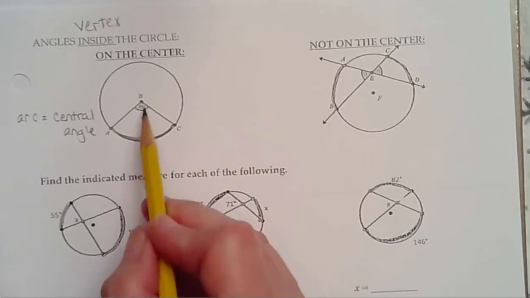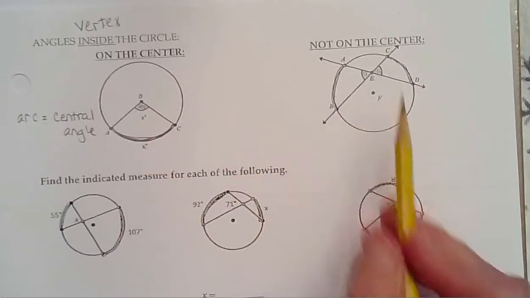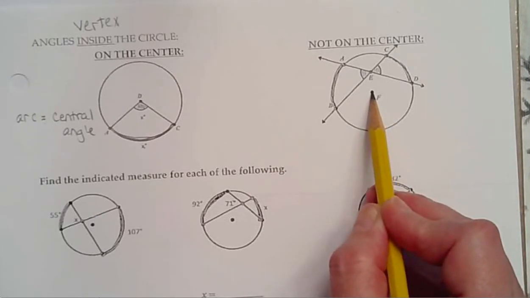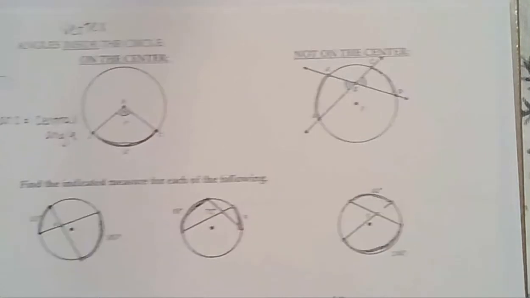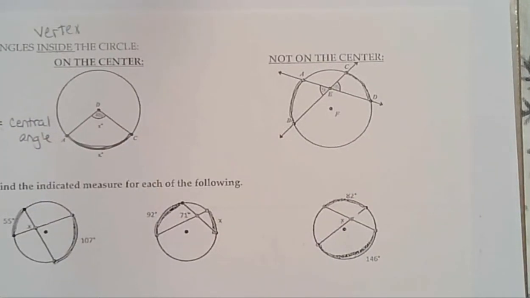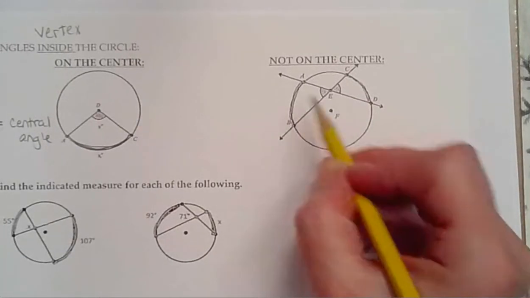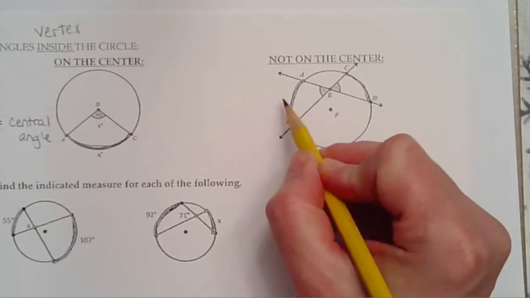But we can take that vertex and move it. So here's your center, clearly in the middle of our circle, and clearly not the vertex over here. We want to figure out the relationship between the angle and the arcs. I think it's easier if I write in some letters.